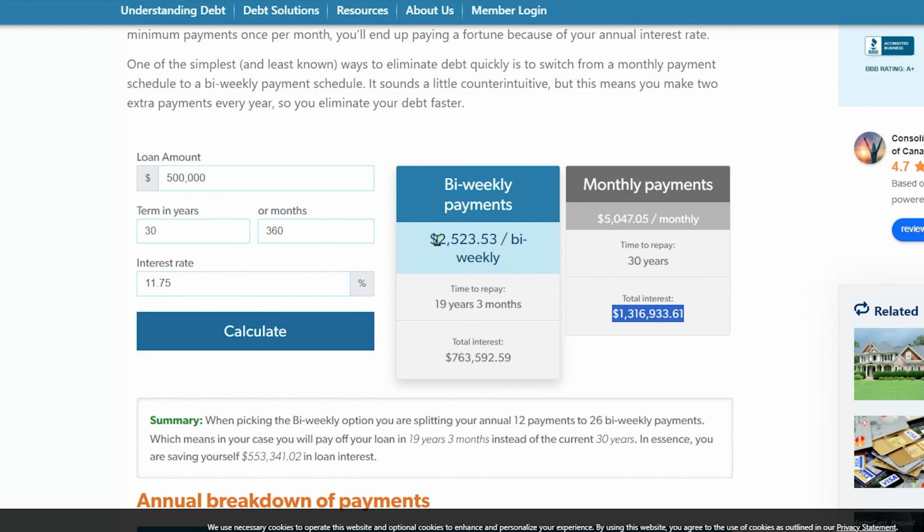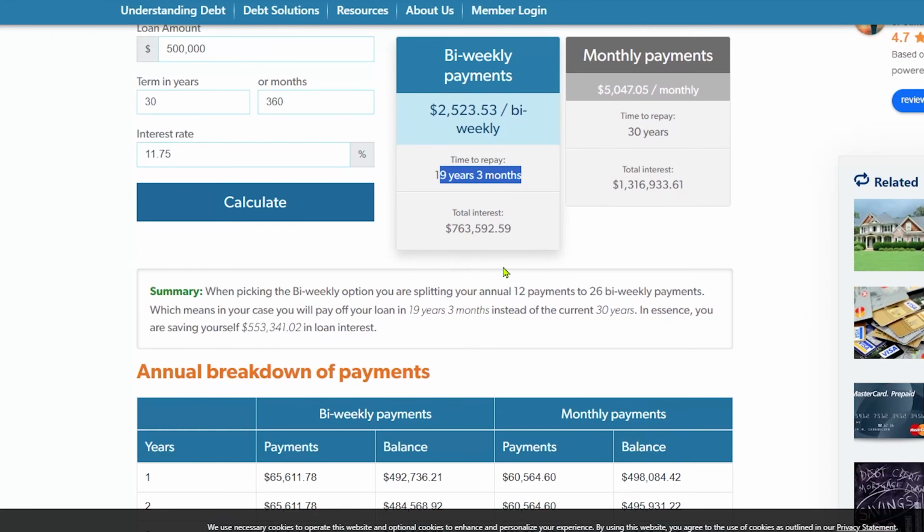But if we make bi-weekly payments of around 2,500 Rand every second week, we can cut down our loan term from 30 years to only 19 years. This means by following this bi-weekly strategy, we will save around 553,000 Rand on interest.